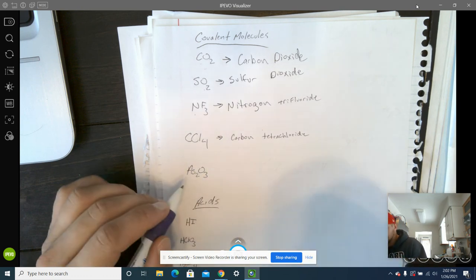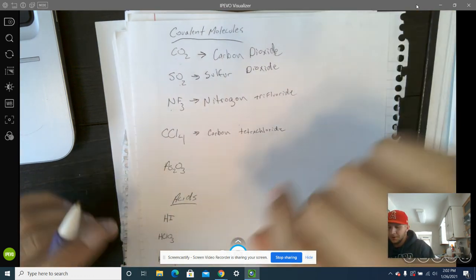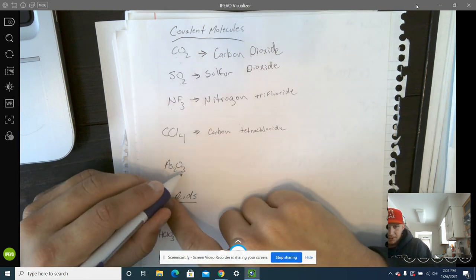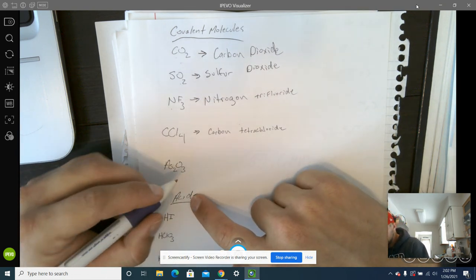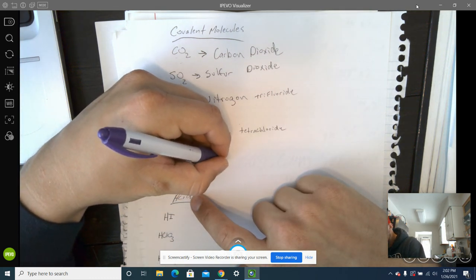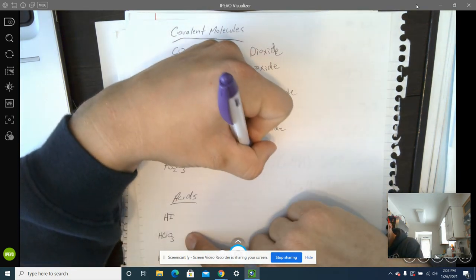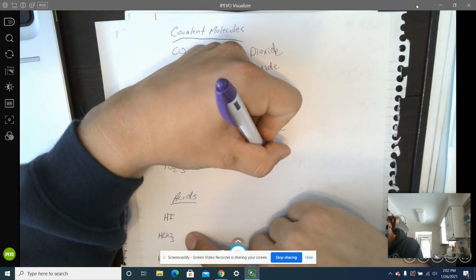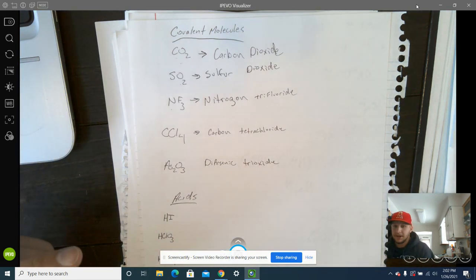Now this last one, this will be kind of challenging here. So we have As2O3. So we have two arsenics, so this is going to be di-arsenic. 3 oxygens, so trioxide. So there are some of our covalent molecules. You're going to get more practice on this in your assignment today.